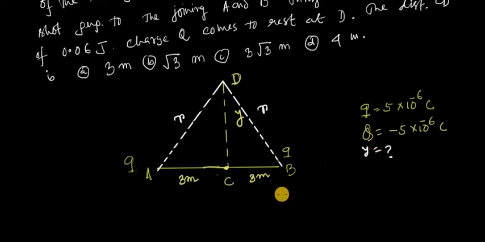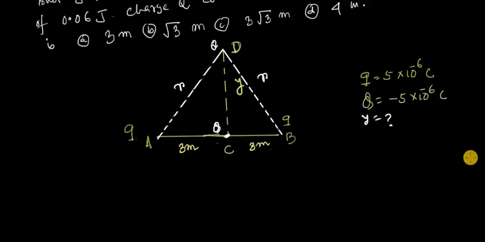Now initially the capital Q charge is located at the point C, and finally it is located at the point D. So there are two configurations.